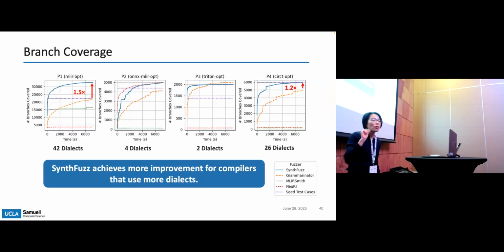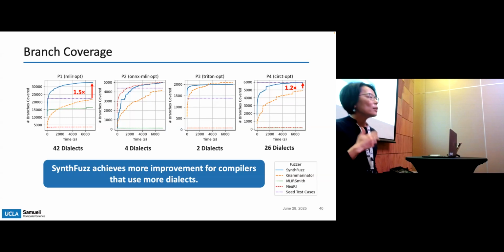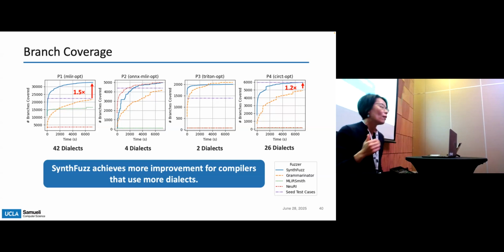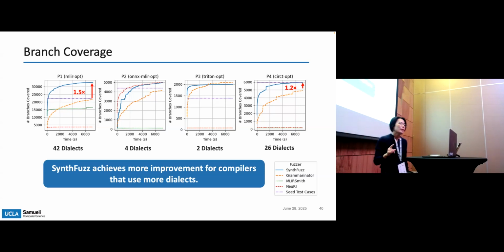So if you look at it, what I would like to say is that if you do this customization, you do improve coverage, which is one of the metrics that we care about. But what I want to emphasize is that if you compare the boost that we get to MLIR Smith, which is the custom generator written with a lot of manual effort, it really happens more when the domain uses more dialects.